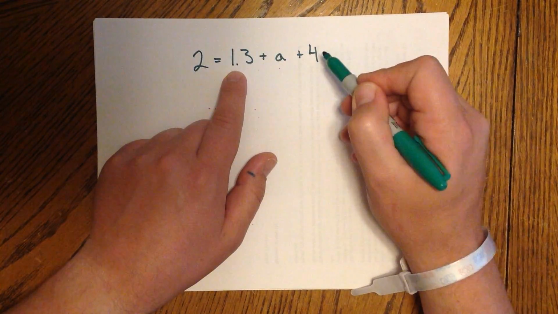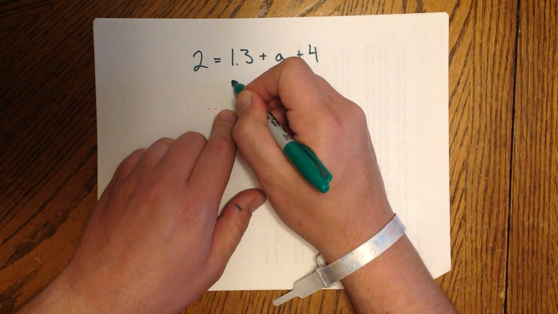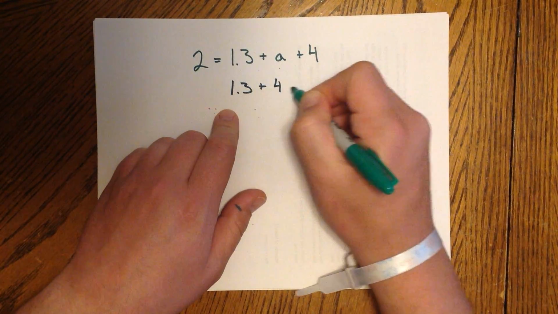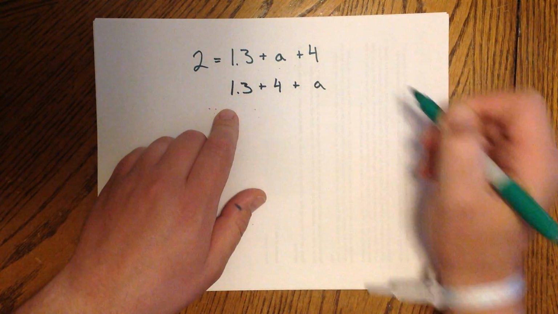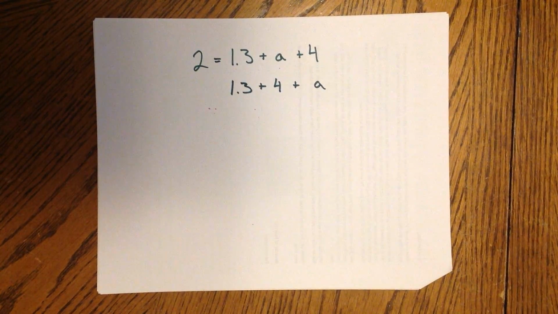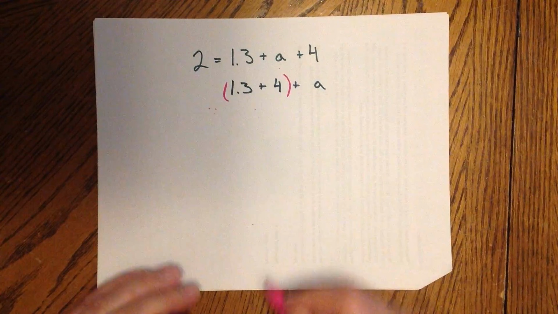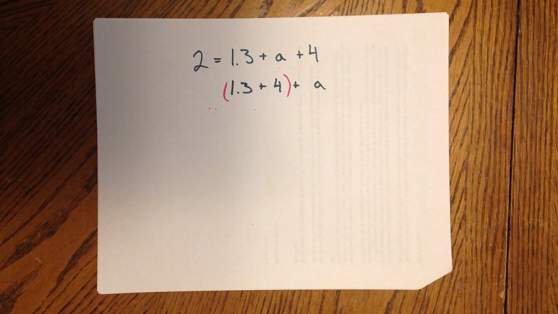Well, let's just go ahead and use the commutative property and say 1.3 plus 4 plus a. And once I use the commutative property, I could even go a little bit further and use the associative property if I wanted to, and just group those together.